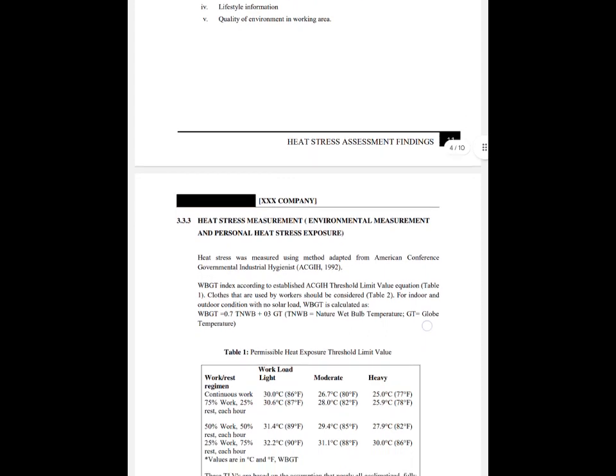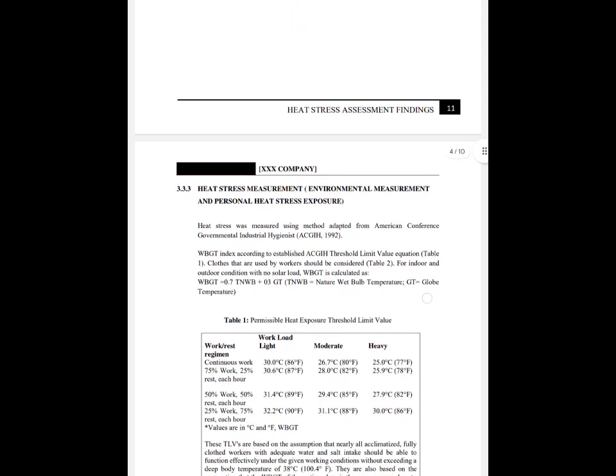Okay, and then the heat stress measurement will involve environmental and also personal heat stress. In this methodology for heat stress measurements, they are adapted again from ACGIH 1992, where there is a WBGT index TLV that's been established according to the ACGIH TLV.